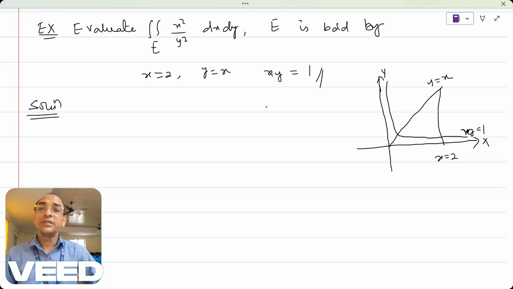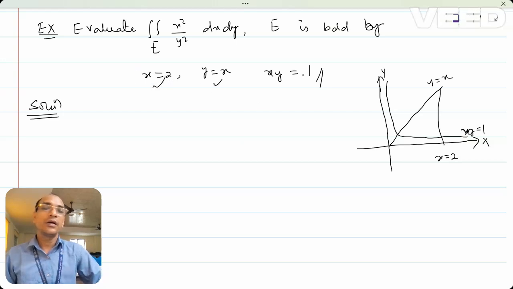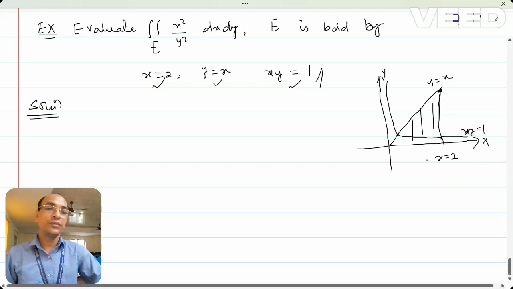Okay, so which is the region bounded by all these three curves? This is the region bounded by the three curves: x equal to 2, y equal to x, and xy equal to 1.